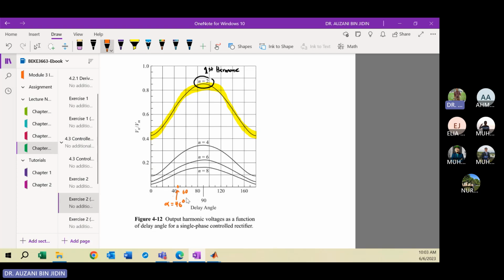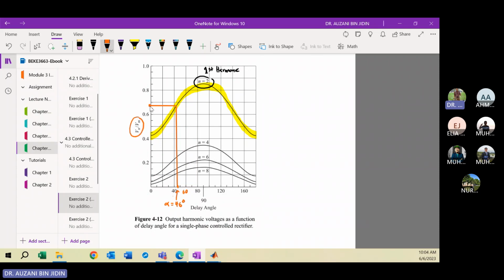You take out your ruler, then sketch the projection line here and extend it to the y-axis, which provides the information of Vn divided by Vm.